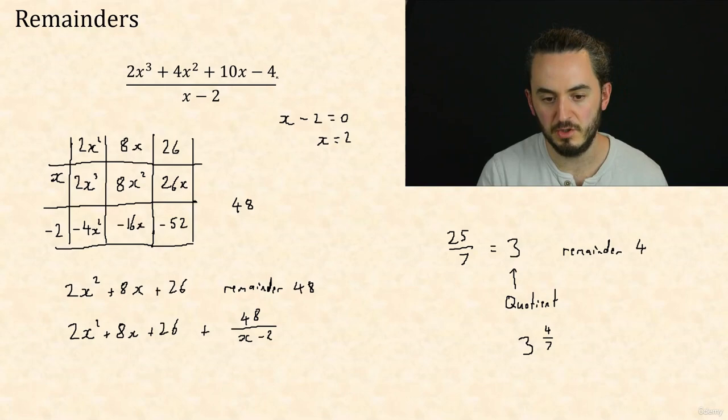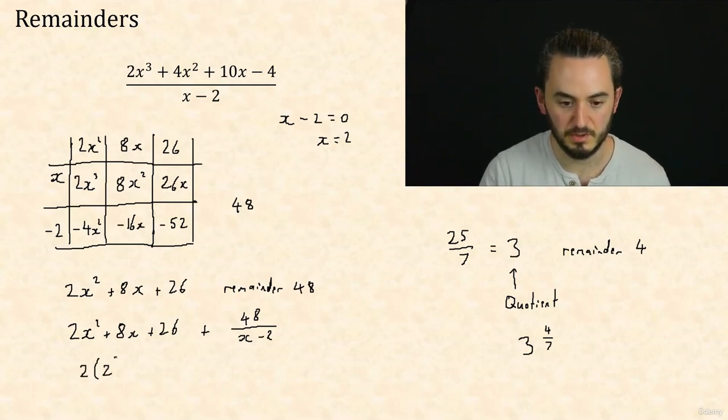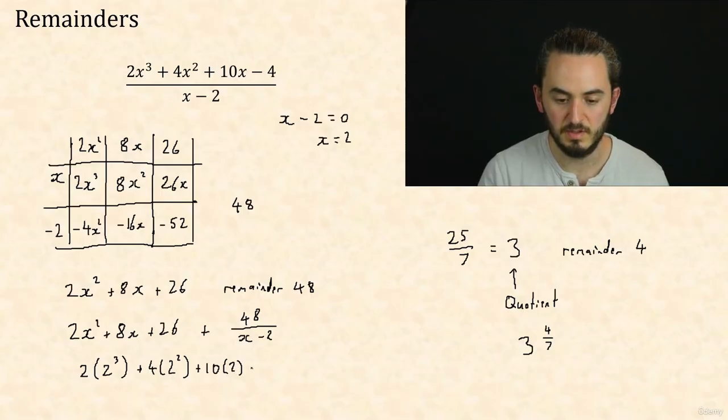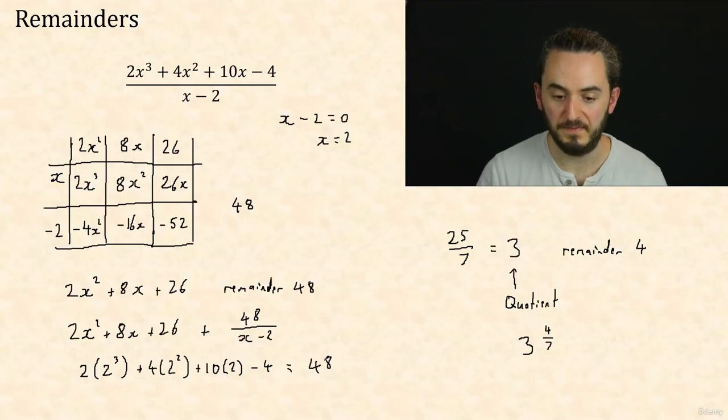And if we sub 2 into this, here's what happens. We get 2 times 2 cubed plus 4 times 2 squared plus 10 times 2 minus 4, and you will get 48. So spectacular shortcut there for situations where you're only looking at the remainder.